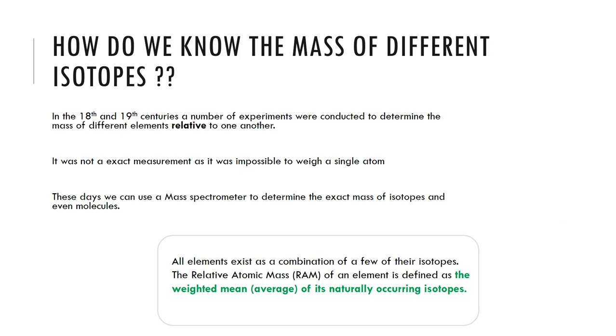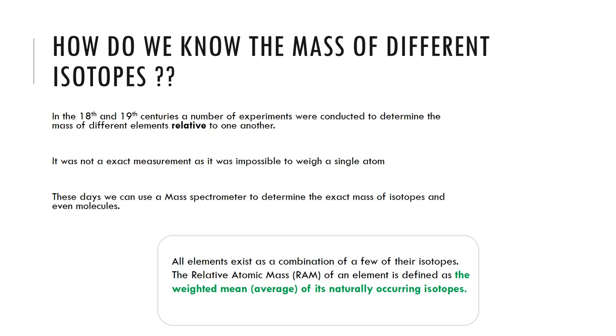Okay, so the 18th and 19th centuries were a great time for science, and there were a number of experiments conducted to determine the mass of different elements relative to one another. Okay, so this isn't their actual mass, just relative to one another. It's not an exact measurement because it's not possible to weigh a single atom, but it does give us an idea of how they increase steadily as we continue to add protons.